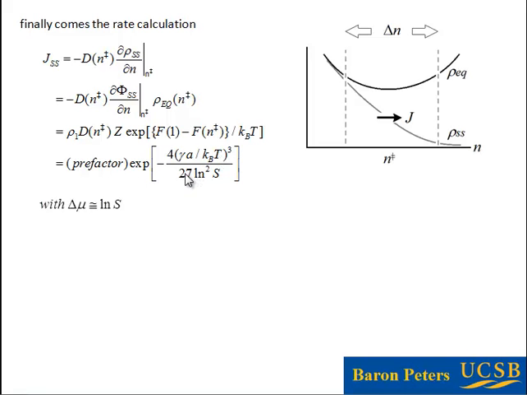We cube that, and we divide by 27 times the log of the supersaturation squared. This is a really simple way of writing everything down so that you can see what's happening here.